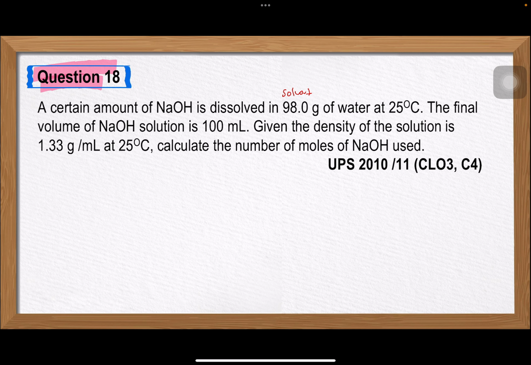The final volume of the NaOH solution is 100 milliliter, so this is the volume of solution, NaOH plus H2O. Given the density of solution is 1.33 gram per milliliter at 35 degrees Celsius, calculate the number of mole. How much mole is used in the solution?